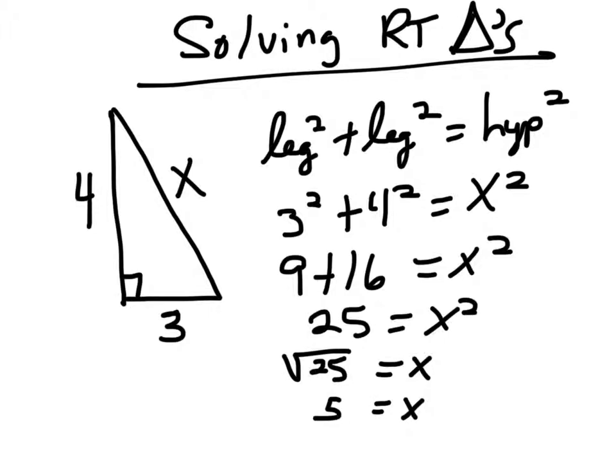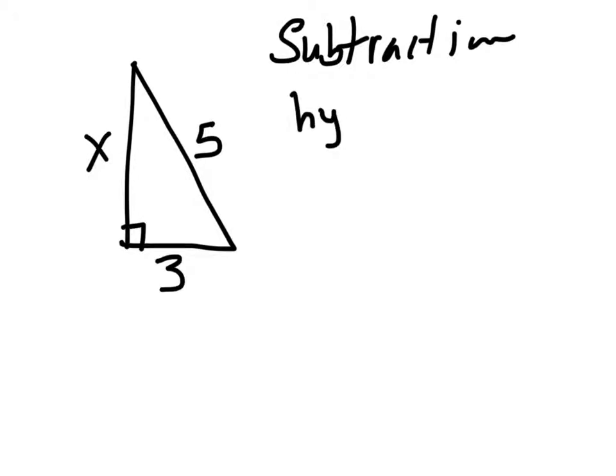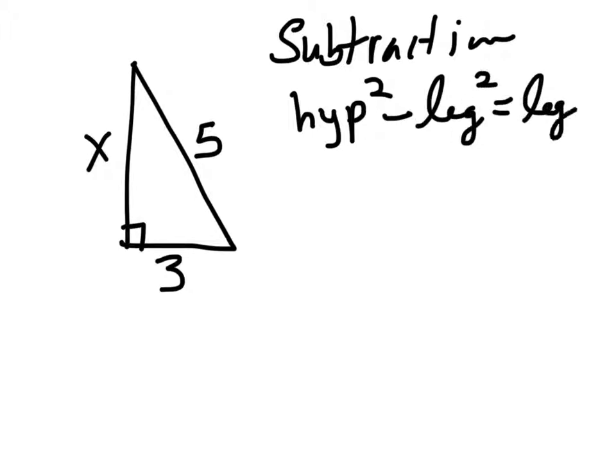The other situation, I have my right triangle, and in this case I know the hypotenuse and one of the legs, and the other leg I don't know. So in this case, the Pythagorean relationship turns into a subtraction problem. So instead of leg squared plus leg squared, I'm going to do the hypotenuse squared minus the leg that I know squared is going to equal the other leg squared.